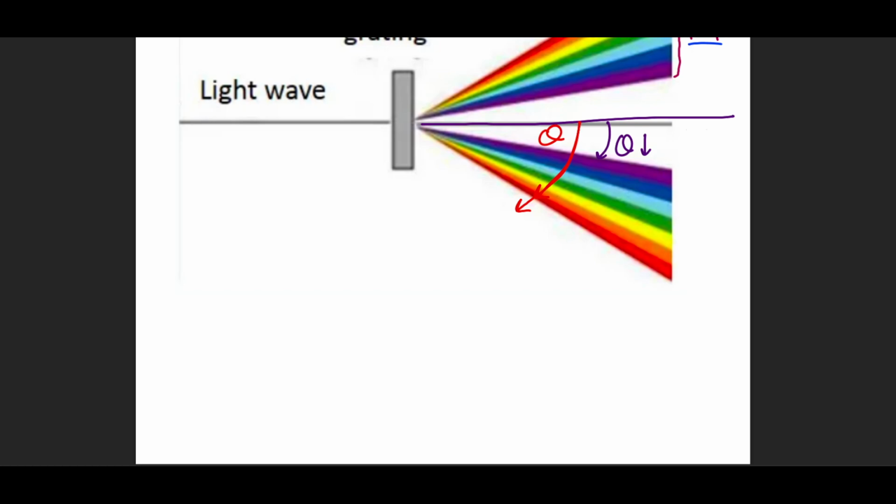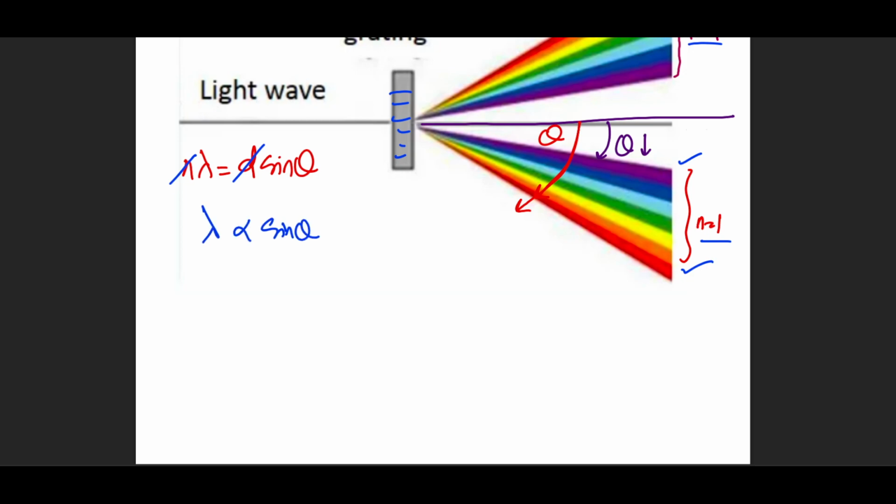So for that, since we are dealing with the first order, we're going to use the formula n lambda equals d sine theta. We understand we're using the same crystal, so the crystal has the same number of lines, even for violet, even for red. So we're going to remove that from the scenario. And since we're dealing with the first order, n will also be cancelled in the comparison. So what we're left with is simply lambda being proportional to sine theta.